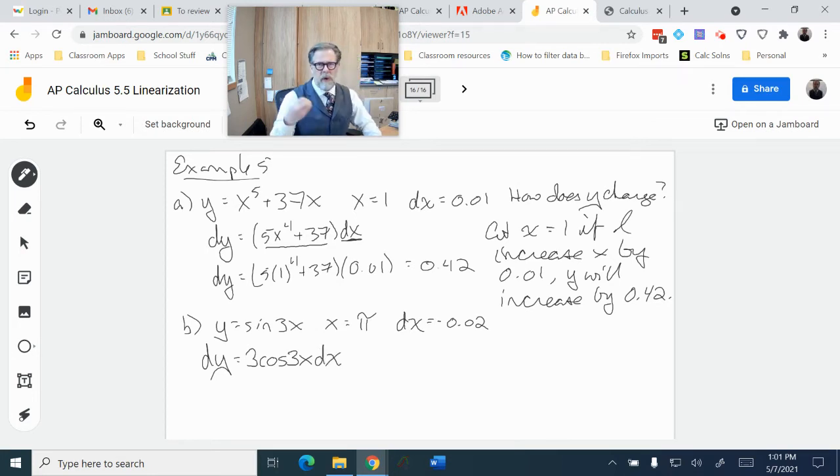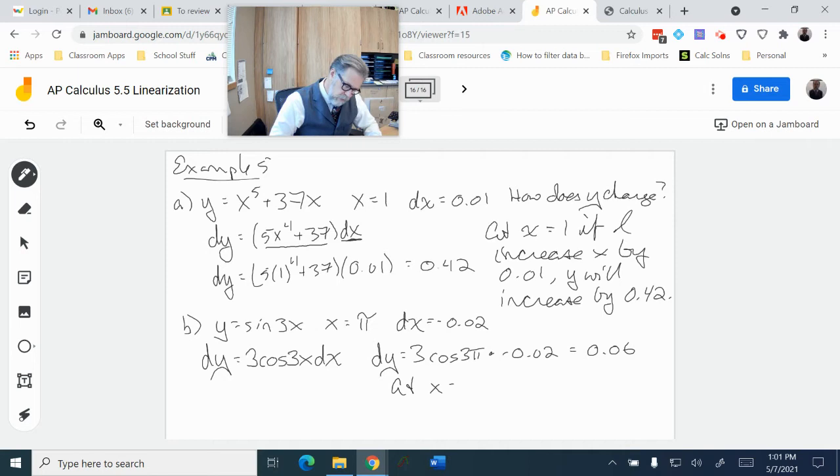I'm not going to go through how to find the individual derivatives. I'm going to assume that at this point you're pretty comfortable with that. So this means that the change in y is equal to 3 times the cosine of 3 pi times negative 0.02. I know the cosine of 3 pi is negative 1, and multiplying this all together, I get 0.06.